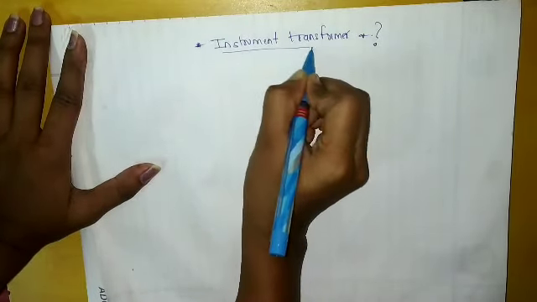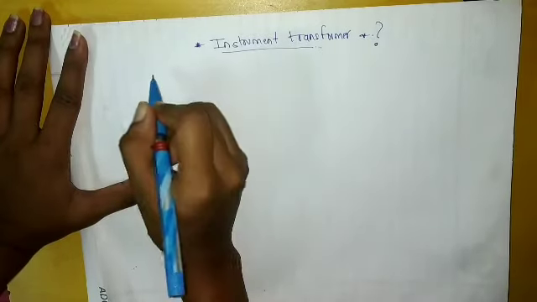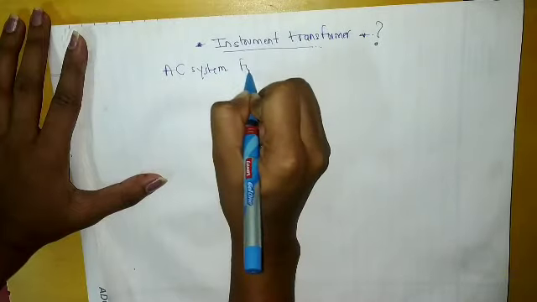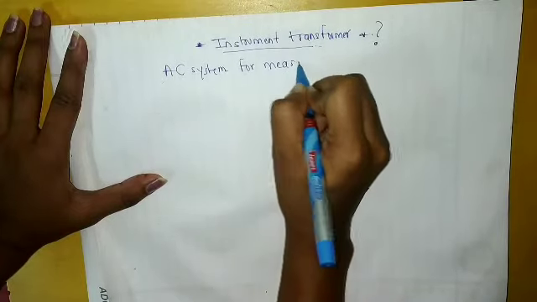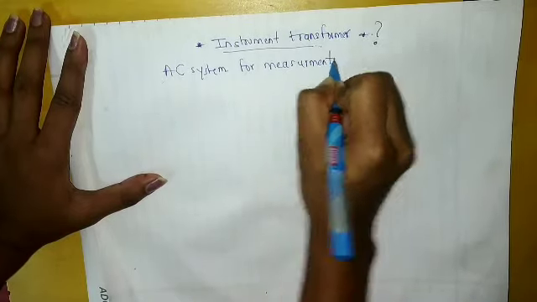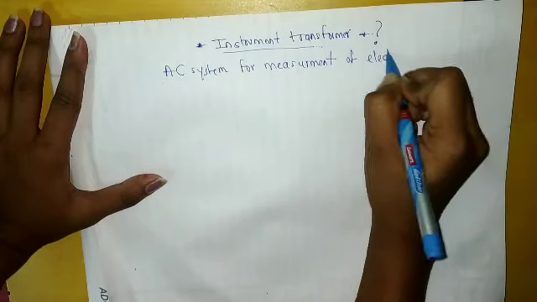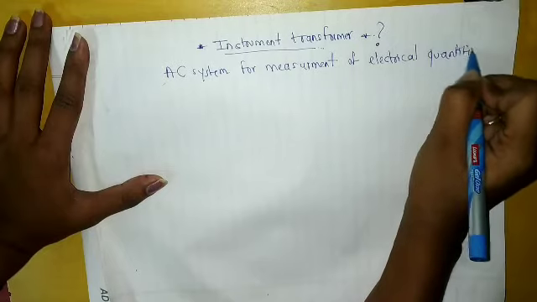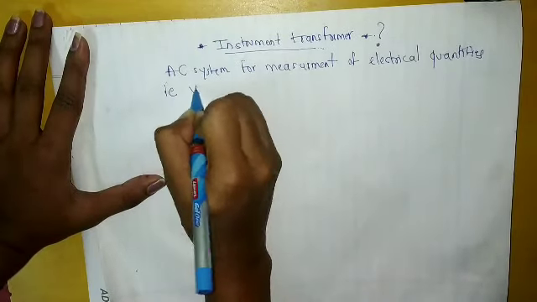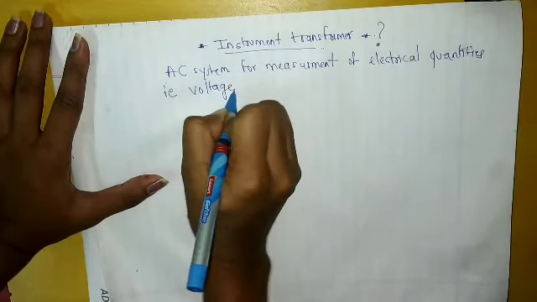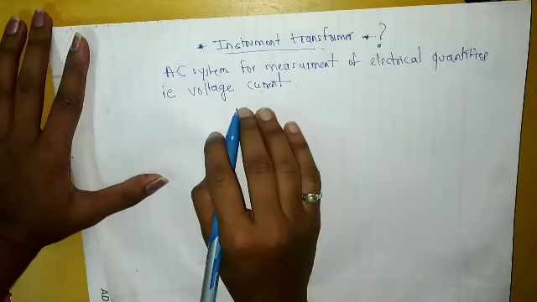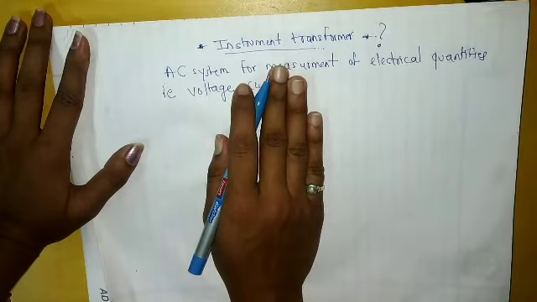Where is this instrument transformer used? These are used in AC system for measurement of electrical quantities, that is voltage and current. To measure voltage and current, we require this instrument transformer.